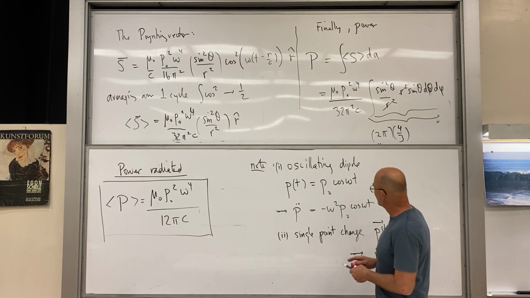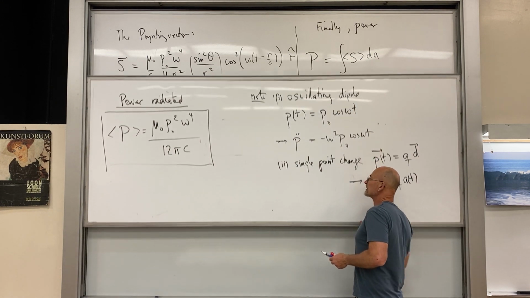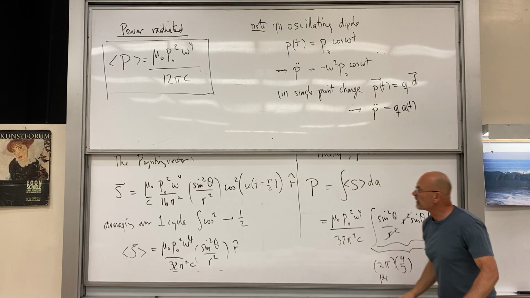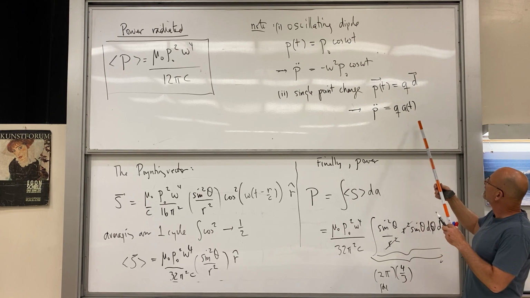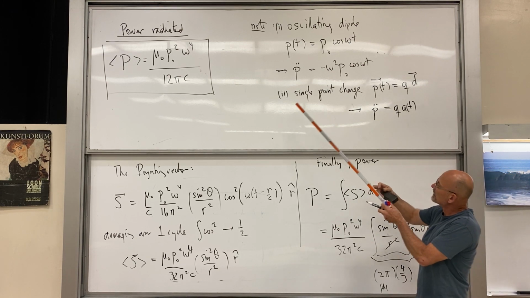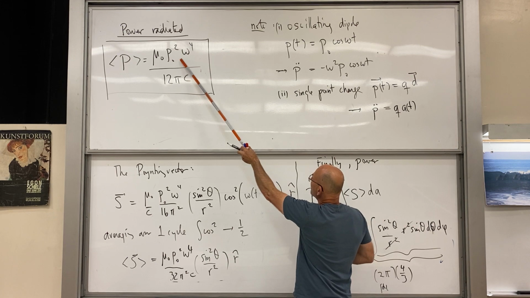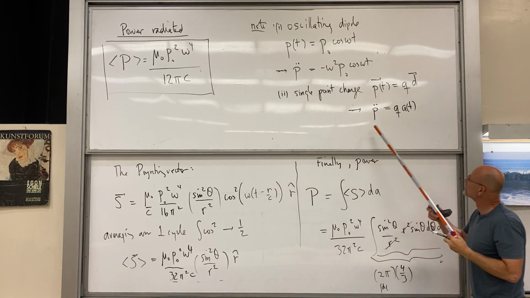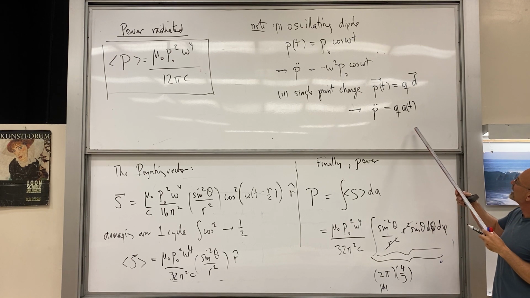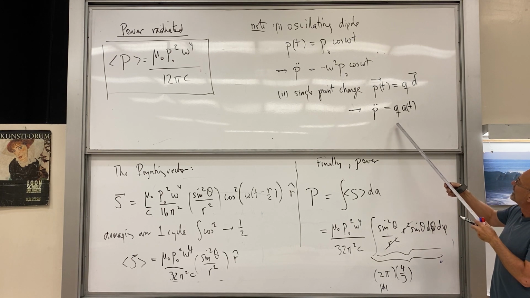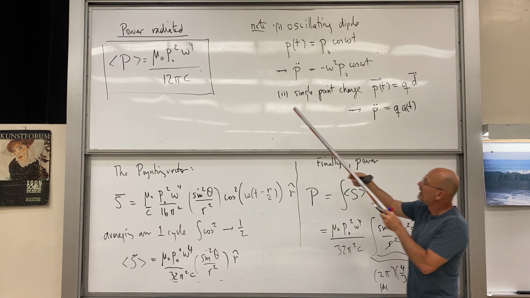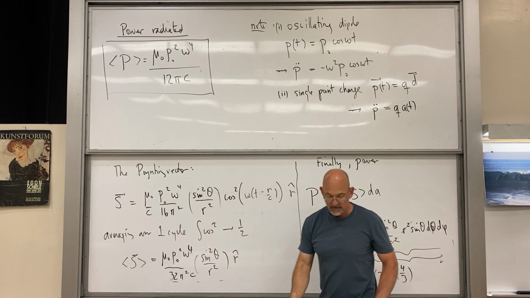So let me send this up so I have a little more room. So using our power formula, and that omega squared, P naught omega squared, that quantity squared, we can make a substitution as a Q squared A squared, up there. So that's what we're going to do.